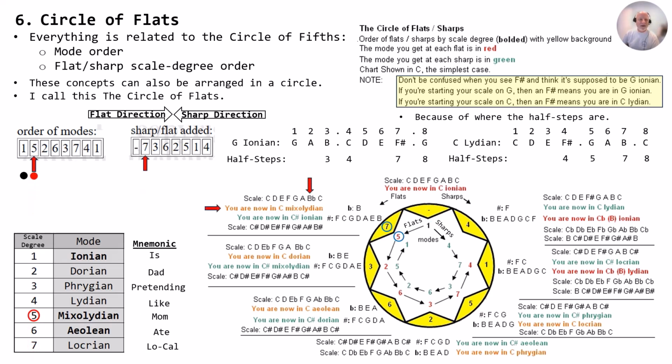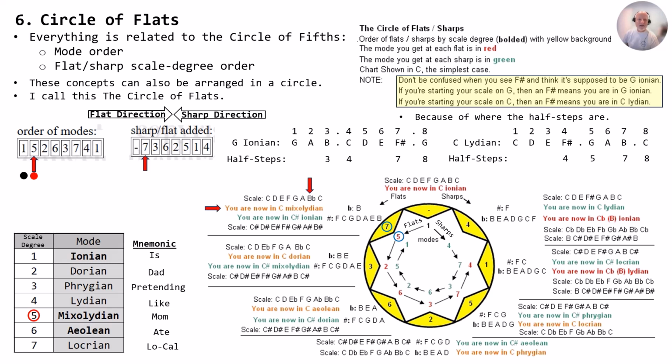So next around is 5, and so we're in the 5th mode, circled. It's Mixolydian. It's a red dot there under the mode, and we've flatted the 7th scale degree, and you can see the 5 and the 7 are circled over on the circle of flats, slightly to the left of the top there, right?